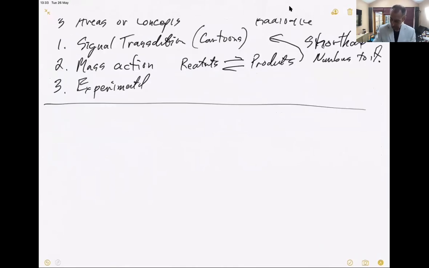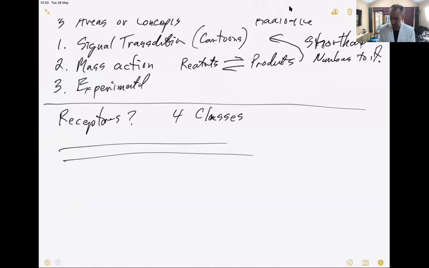Let's just think about what receptors are. So if we use Rang and Dale's definitions, there's 4 classes of receptors. We might as well start doing our cartoon type thing.